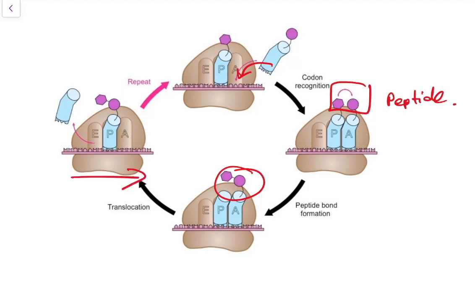It then moves along, it translocates, releasing one and then freeing up the space for a new one to come in, and it just continues to do these 3 base movements, adding in a new tRNA to the A site, making the peptide bond, moving along, releasing from the E site, and it just continues to repeat.